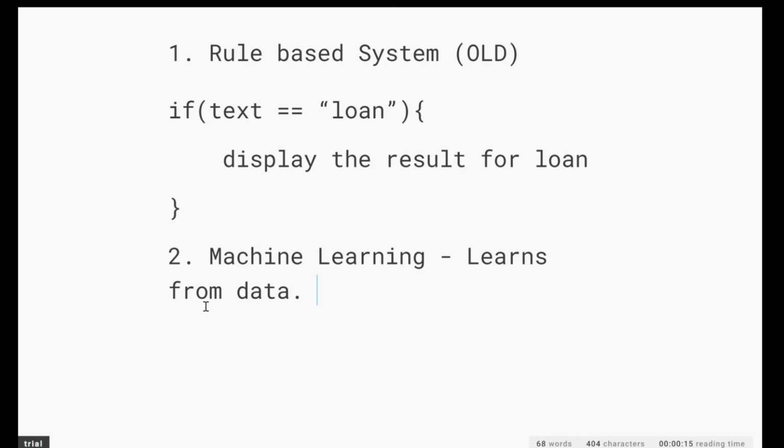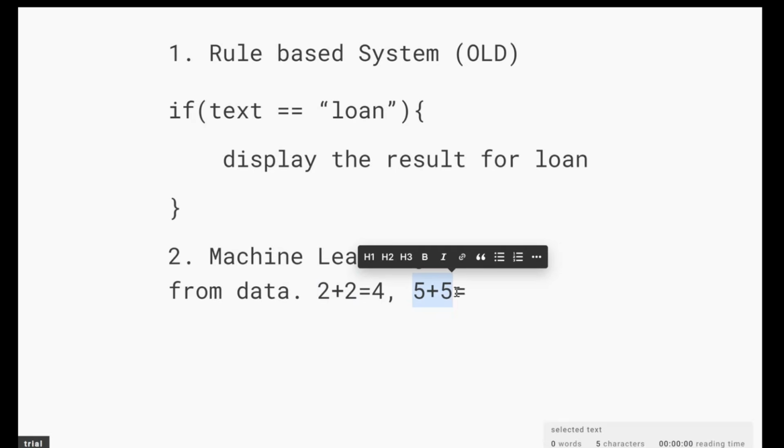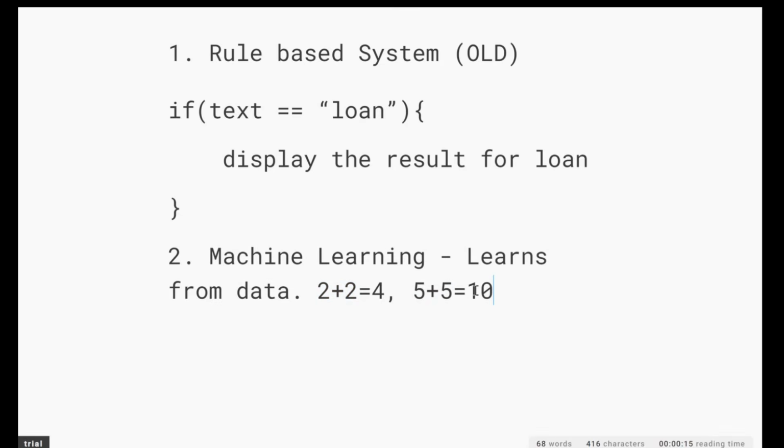Let's say, for example, you have taught your system that 2 plus 2 is equal to 4. Now, whenever next time you ask the question, what is 5 plus 5, it learns from this data and then returns us the value. Addition, 2 plus 2 becomes 4, so 5 plus 5 will be 10 here, right? That becomes machine learning, where it learns from the data.